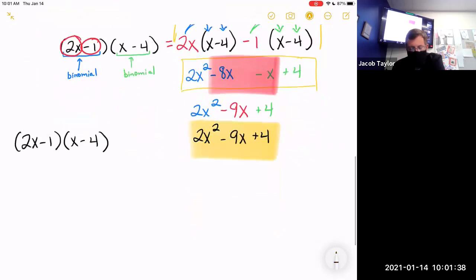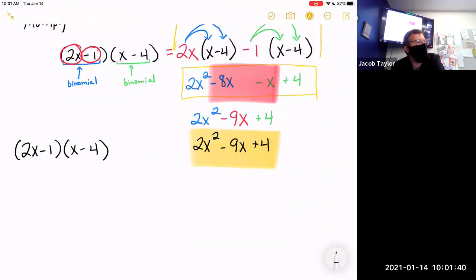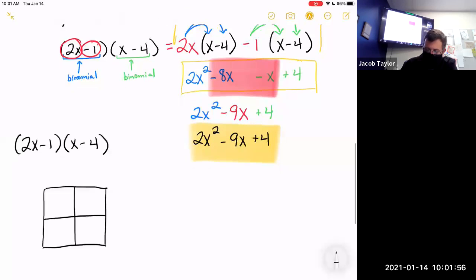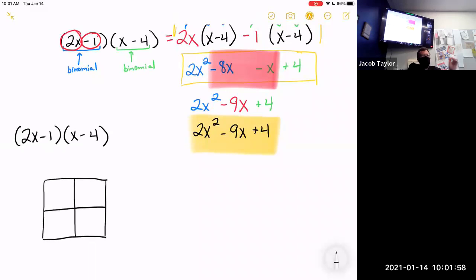Now, this is a binomial multiplied by a binomial. It's two terms multiplied by two terms. So I'm going to draw a square that is a 2 by 2 square. That's a 2 by 2 square right there. And it's a 2 by 2 because it's a binomial times a binomial, or two terms multiplied by two terms.